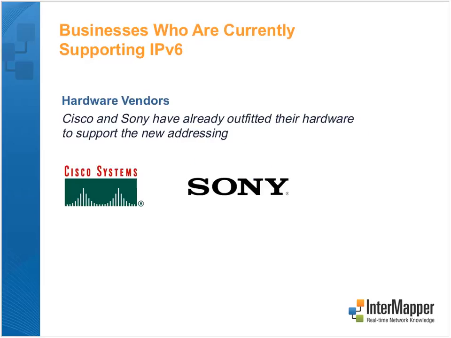Hardware vendors, very important. Cisco and Sony have already outfitted their hardware to support the new addressing. So what you want to do is not just the software. You want to take a look at your hardware as well and make sure the hardware can support that addressing. A lot of the hardware comes with operating systems built in. Cisco has their own proprietary OS, so you want to make sure that their OS has the ability to support version 6 as well.